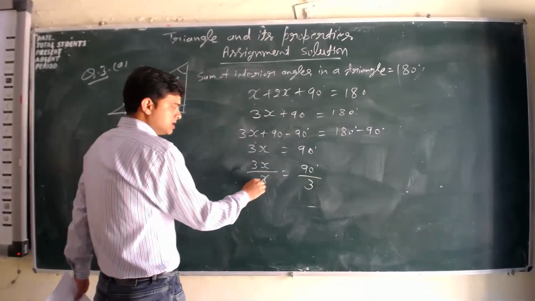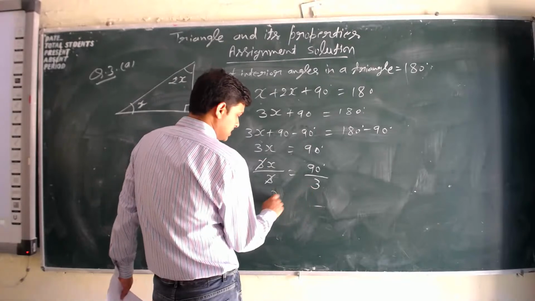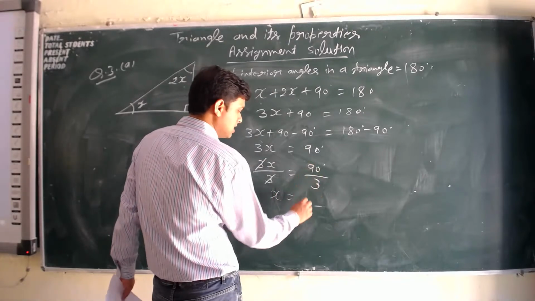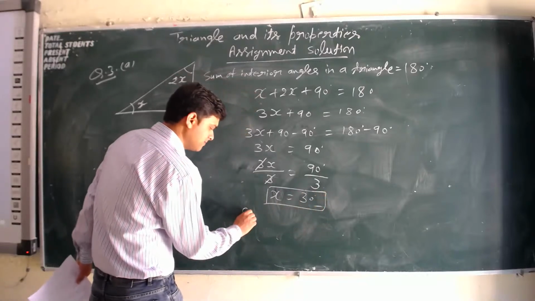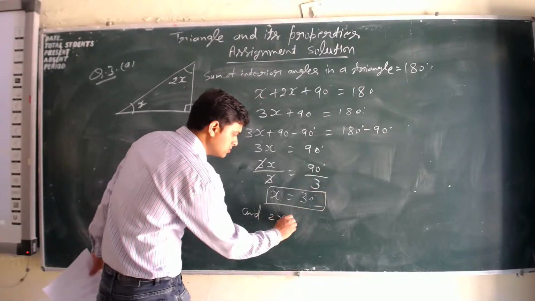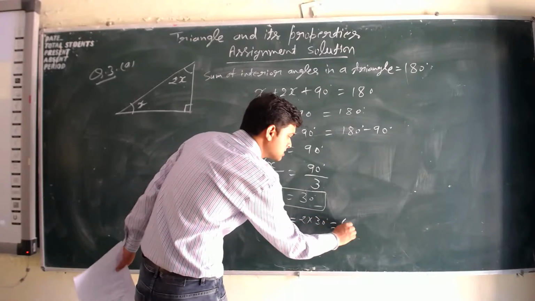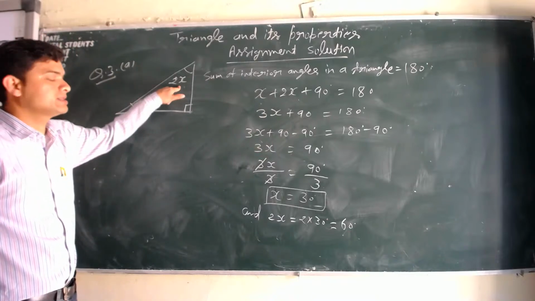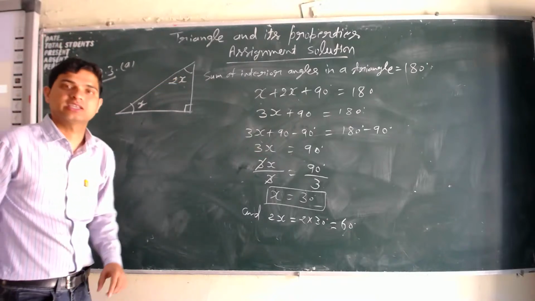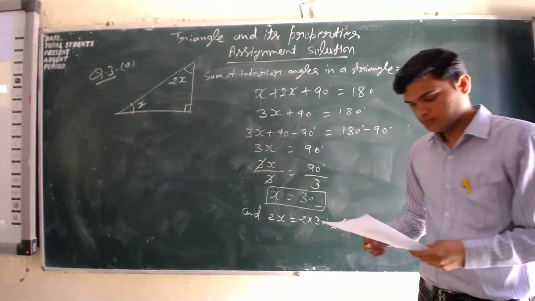Clear? 3 is cancelled out with 3 and x is equal to 90 divided by 3, that is 30. X is equal to 30 and 2x is equal to 2 into 30, that is 60. It means one angle x is equal to 30 and the second angle 2x is equal to 60. That's your answer.